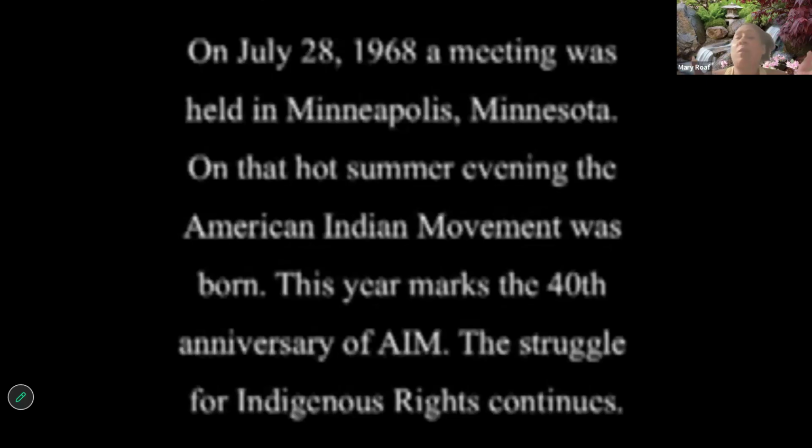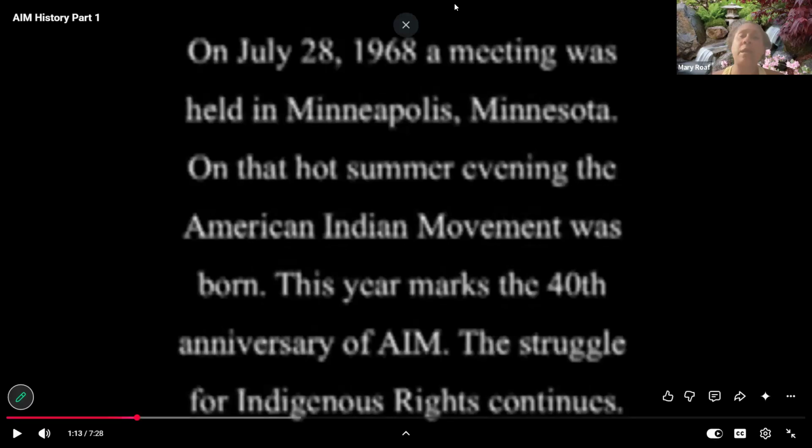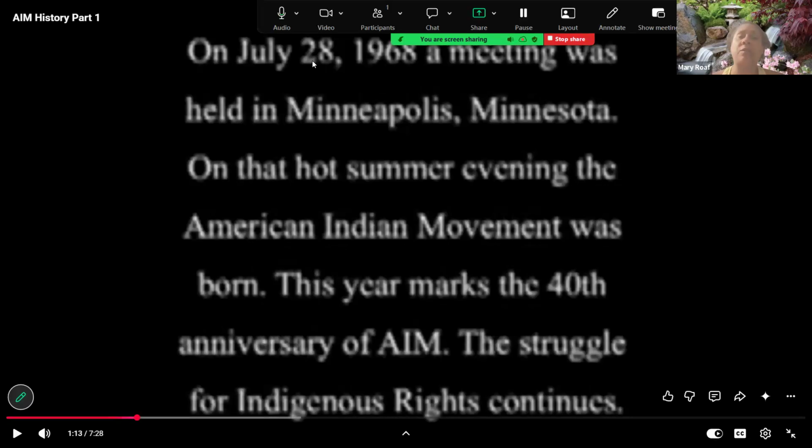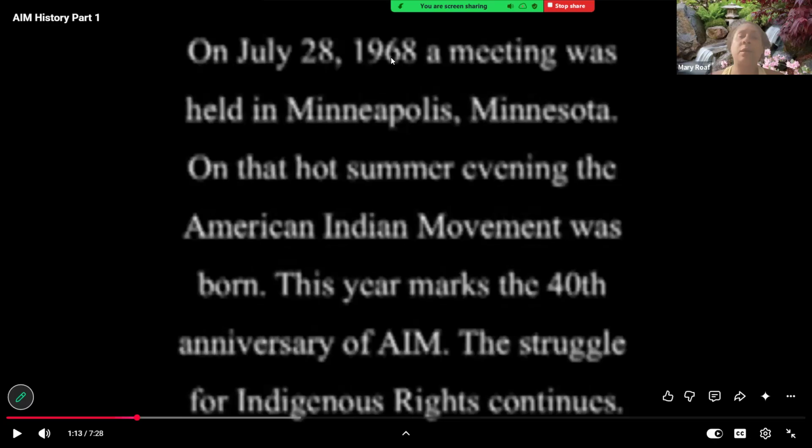So literally just 12 years later, you have the American Indian Movement being born and being created by a lot of natives who had been forcibly relocated off of reservations. So this is when AIM was formally created.